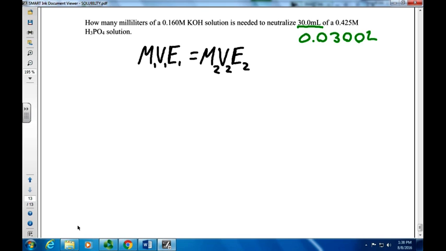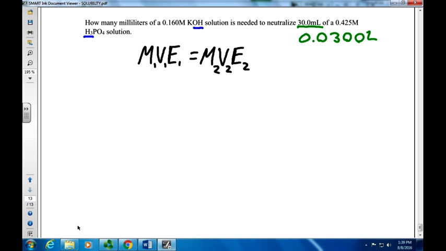In this case, one of them has an equivalency of 1, which is the OH. Potassium hydroxide only produces one hydroxide ion in solution, versus over here, our acid is producing 3 hydrogen ions in solution. So we've got a 3-to-1 ratio.